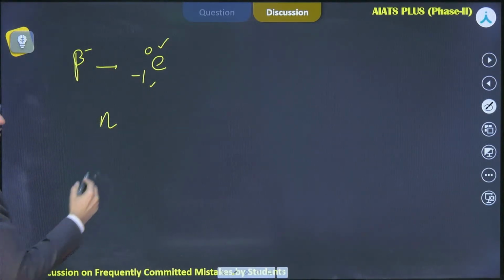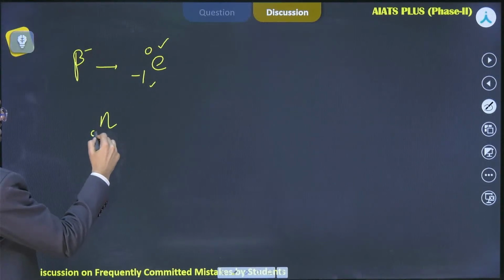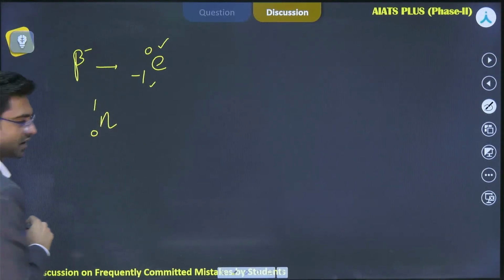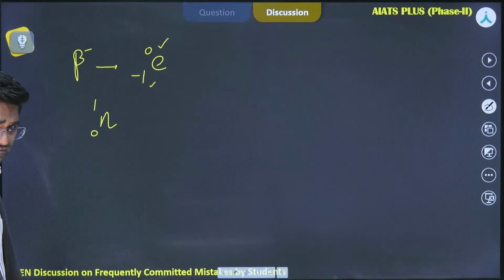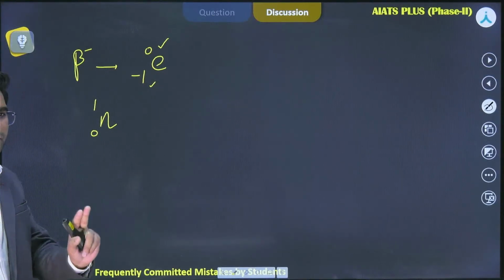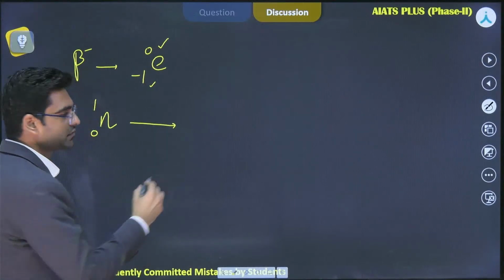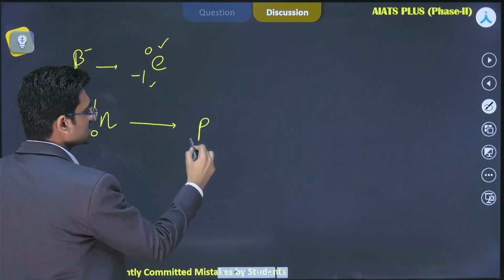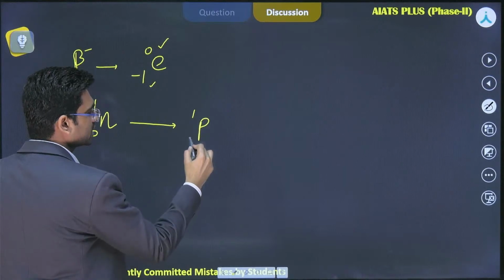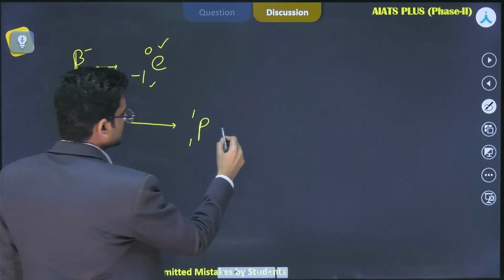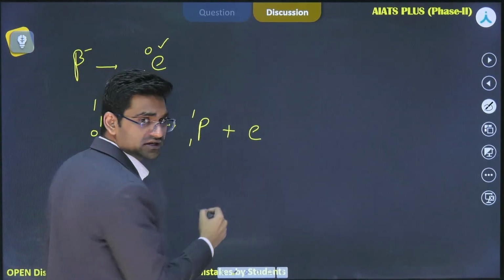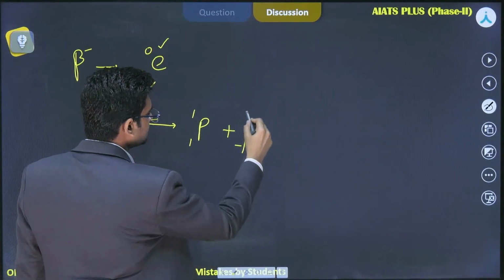A neutron has mass number 1 and atomic number 0, because there is no charge on a neutron, right? This will be converted into a proton with mass number 1 and atomic number 1, plus there will be a release of an electron, which is minus 1 and 0.